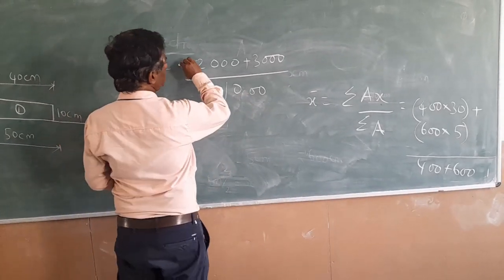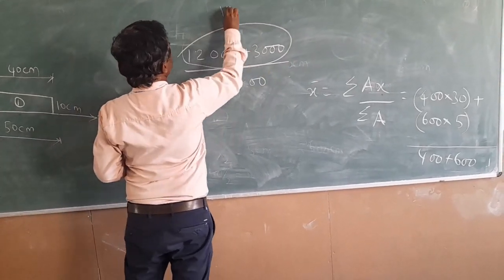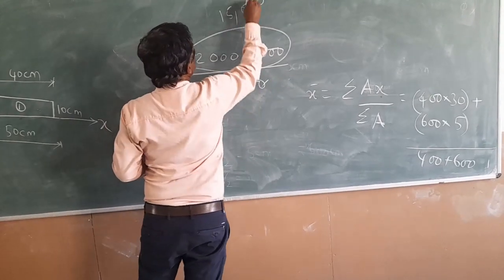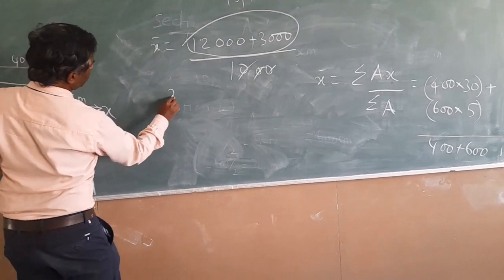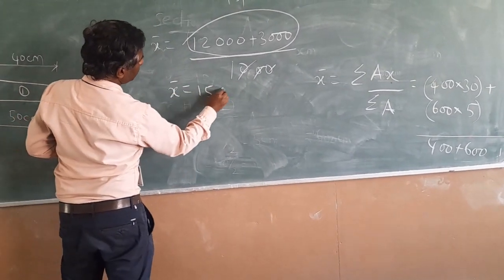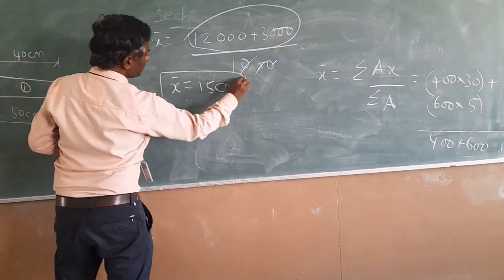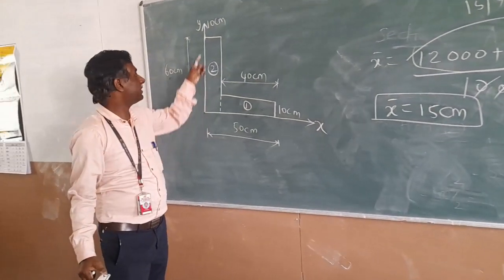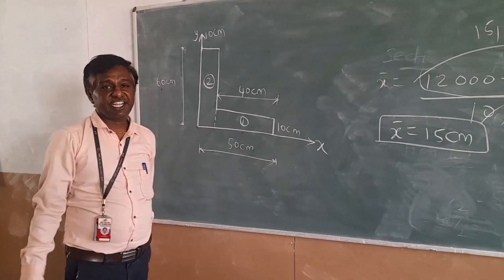So this is 15,000 divided by 1,000. So x bar equals 15. Simply it is 15 centimeter, measured from here, since the reference axis has been taken.